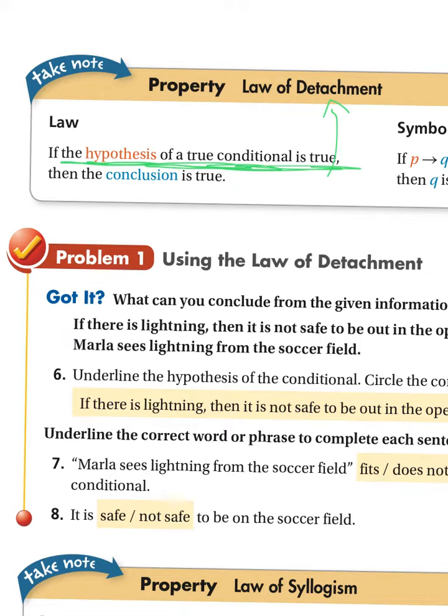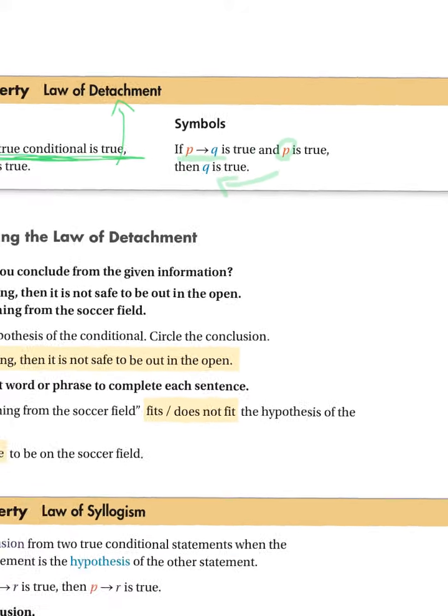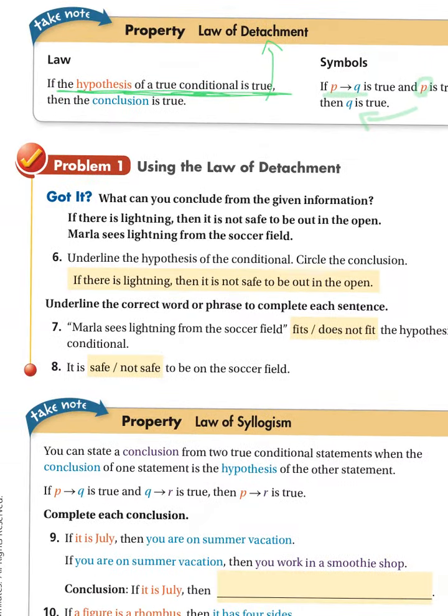They give an example with P and Q. If P, then Q. If you have a conditional statement and you find out that P is true, then you can make the jump that Q is true. Sounds fairly straightforward. I think detachment's a little easier than syllogism.